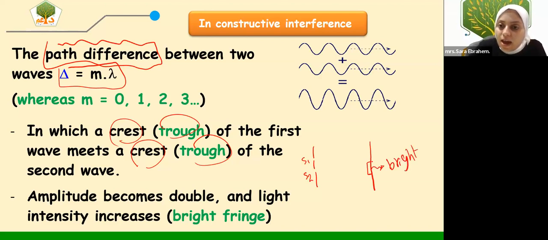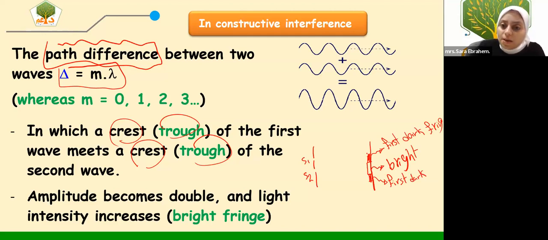Then the dark fringe, that's called the first dark fringe, and this is also the first dark fringe.